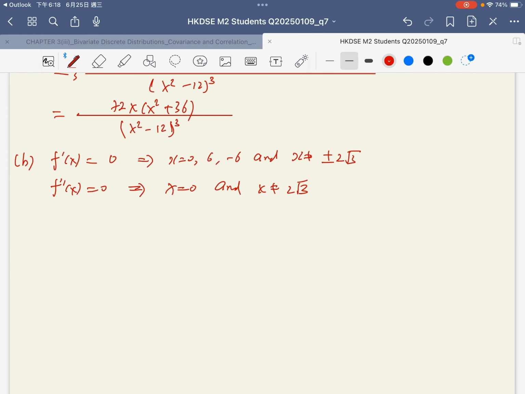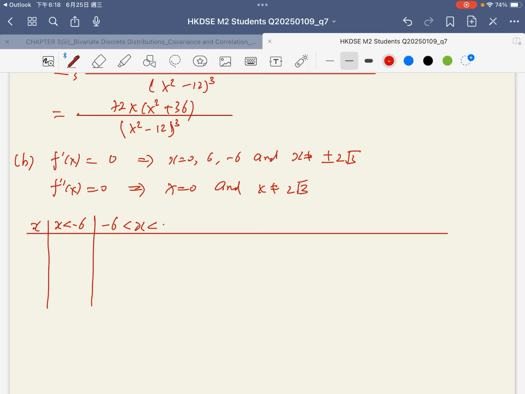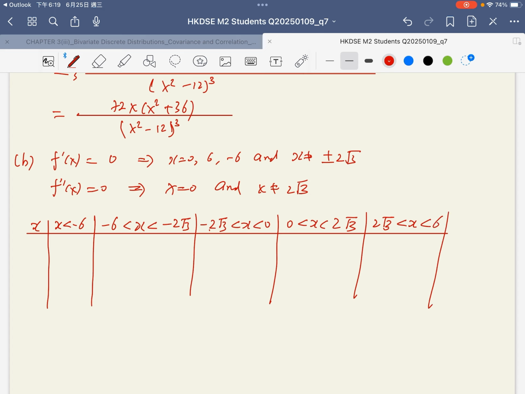Here, x has so many intervals: x less than negative 6, between negative 6 and negative 2 times root 3, between negative 2 times root 3 and 0, between 0 and 2 times root 3, between 2 root 3 and 6, and finally x greater than 6.